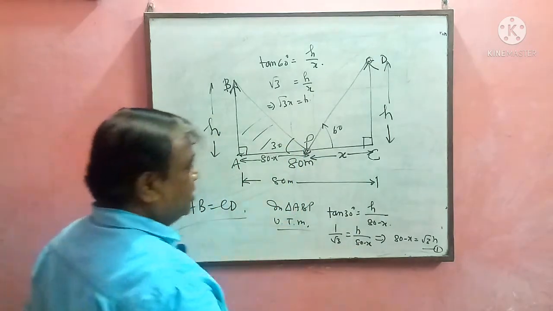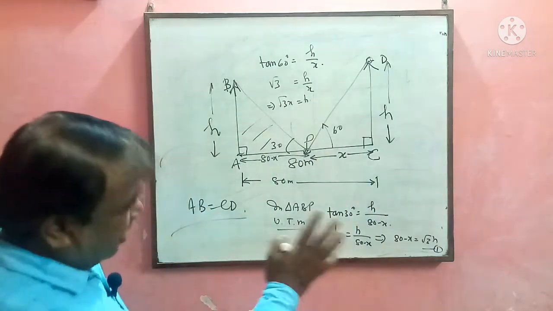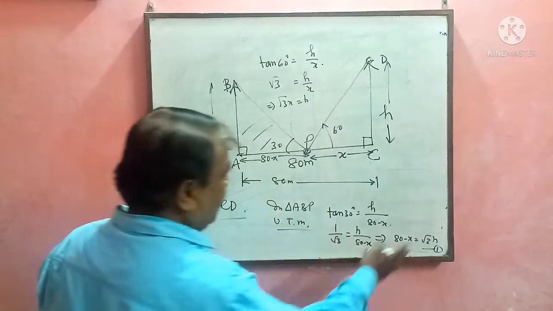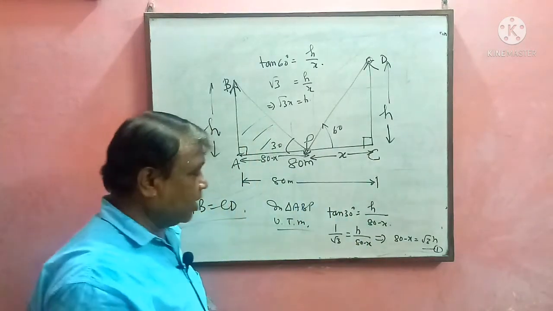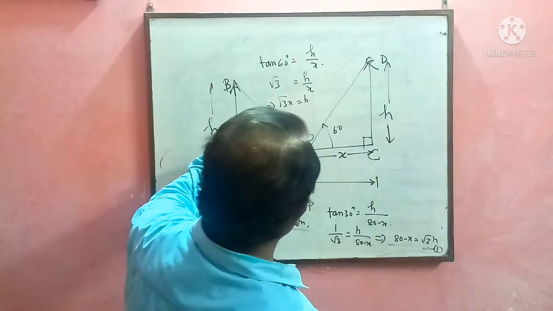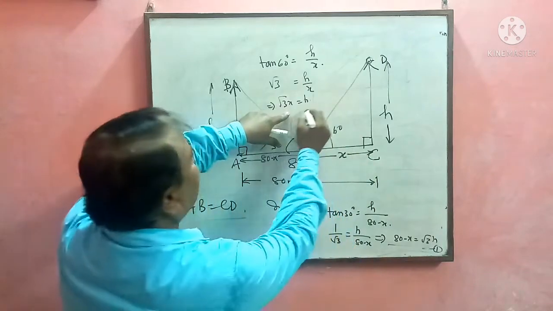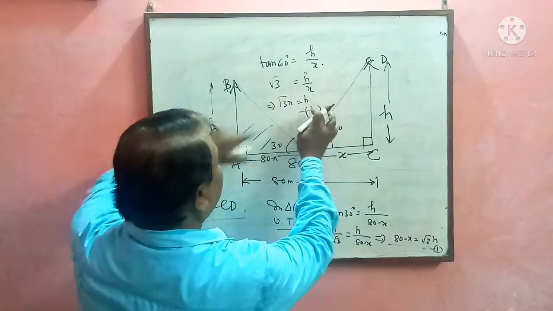If I am asked at what distance P is lying and also the height, then obviously I have to find either x or h. So here I have to do the transformation. This is h is equal to root 3 x. If I put it here, this would be better. So I will call this the second equation.